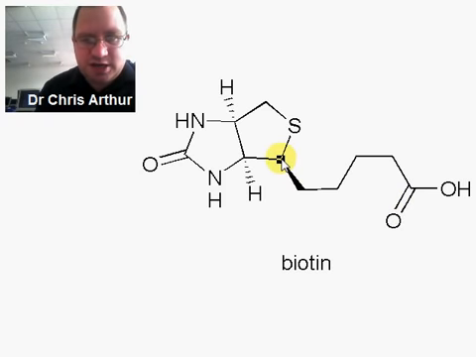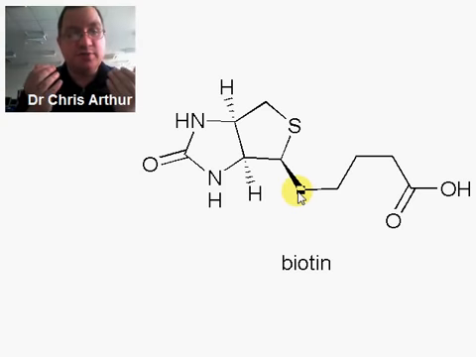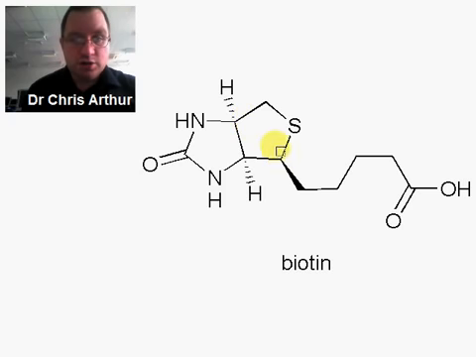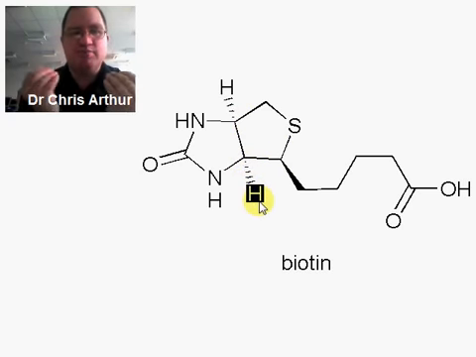We'll see that this carbon atom here is coming towards us. We've got a solid wedge here, and that means it's coming out of the page towards us. This dashed wedge shows that this hydrogen here is going behind the page that we're looking at, so it's going away from us.